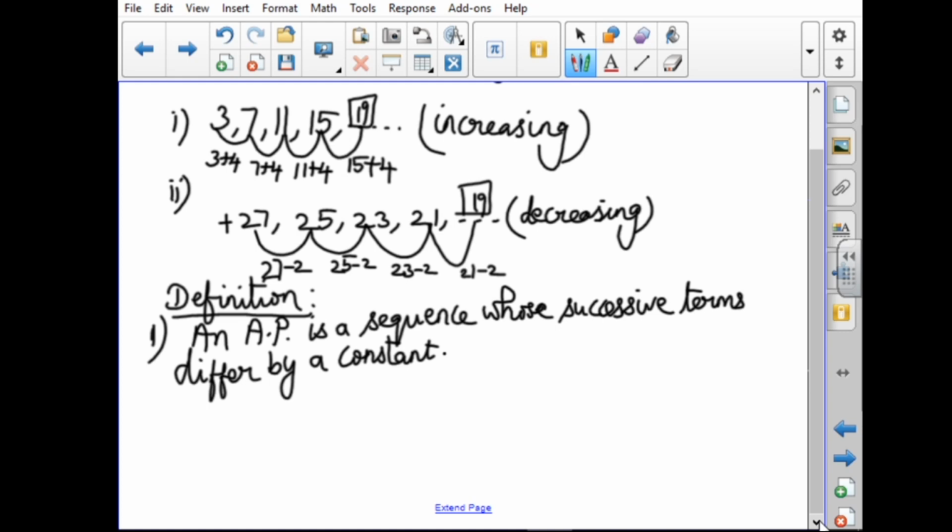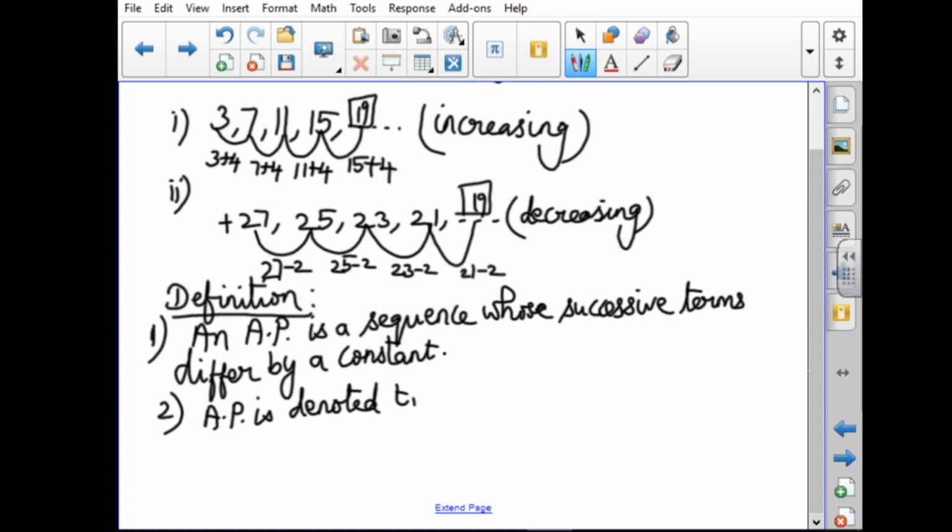The second one: an AP can be written, or denoted, with the first term as T1. In the earlier exercise we took A1, A2, A3 like that.